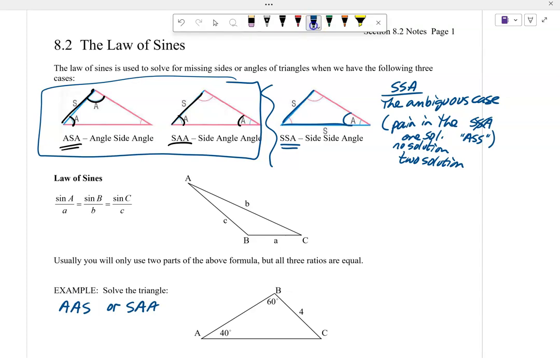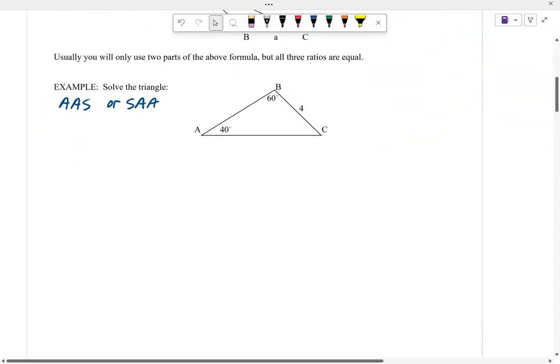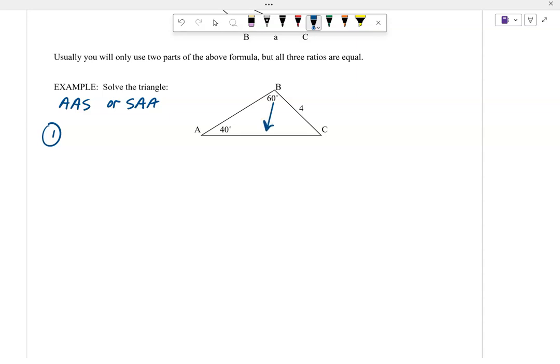What we're going to do is start out and say, number one, since I have two of the three angles, let's go ahead and solve for angle C. Before I do that, let's label all the sides. Opposite angle B is just a lowercase b. Opposite angle C is lowercase c, that side length over there.